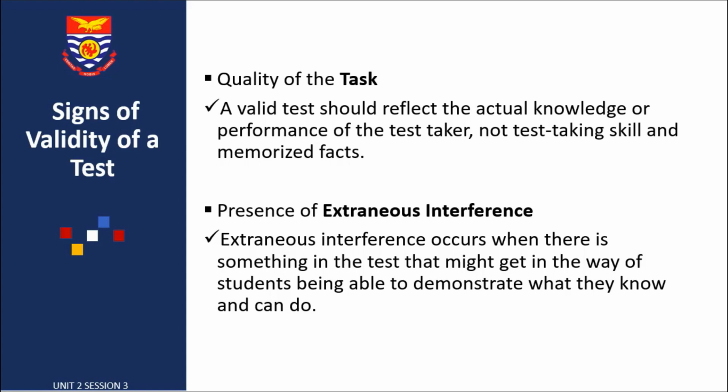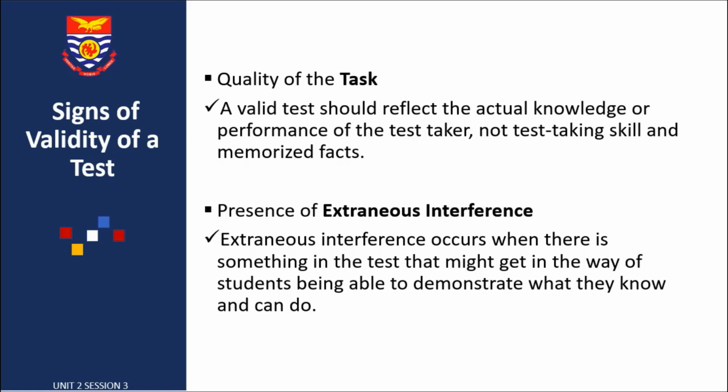A valid test does not require knowledge or skills that are irrelevant to what is actually being tested. Examples of extraneous factors may include the ability to understand the context, physical limitations, and irrelevant background information. You should be able to understand the extraneous factors.